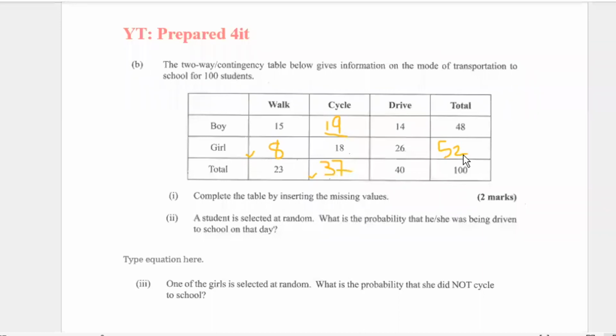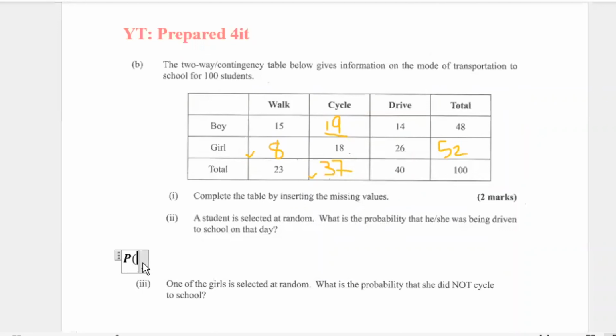Part 2 now says a student is selected at random. What is the probability that he or she was being driven to school on that day? So remember, probability is what you are interested in over the total. So the probability that a student was being driven to school, you're looking at the total students that are being driven over the total number of students.